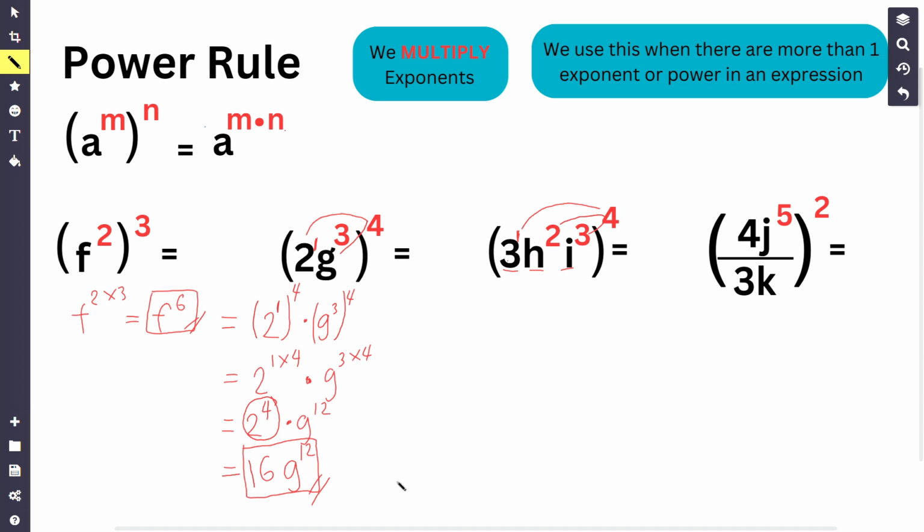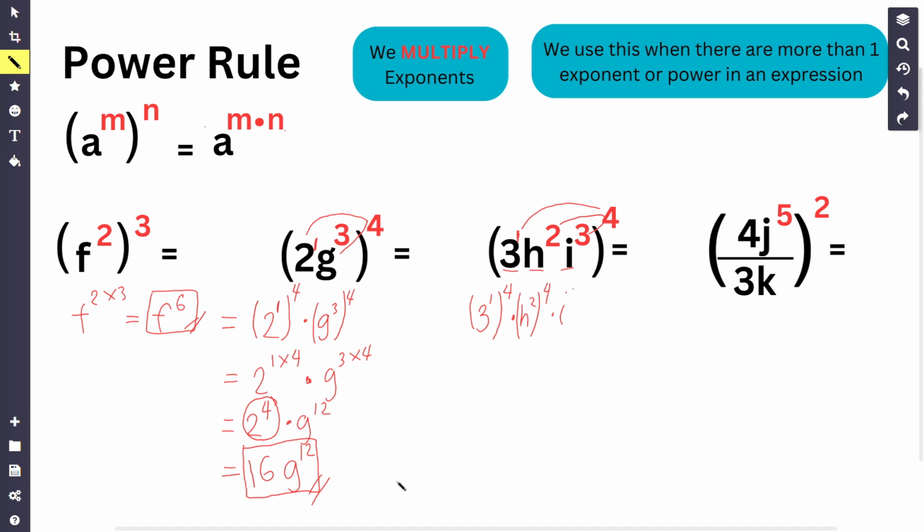We have here 3 bases, 1, 2, 3. So what will happen now is this will become 3 raised to 1, and then we raise it to 4. Next we have h raised to 2, and then we raise it to 4 again. And then same thing with i that has a power of 3.